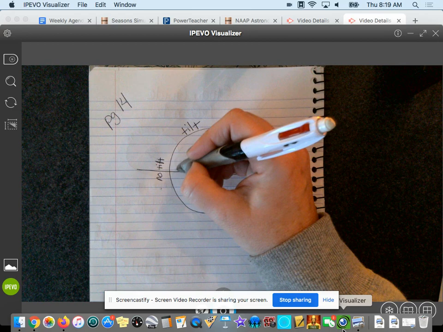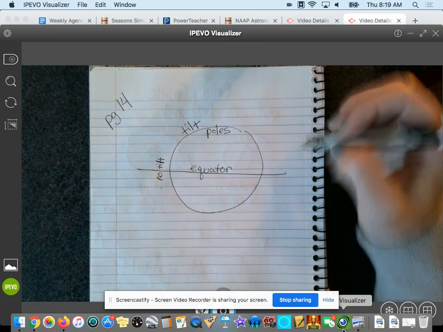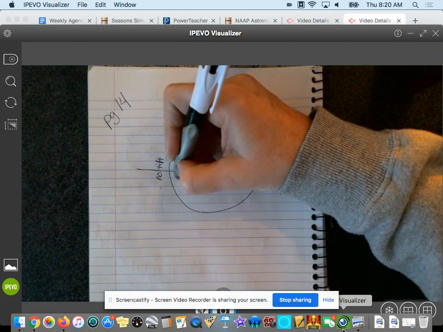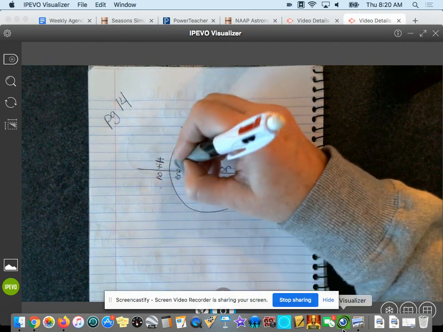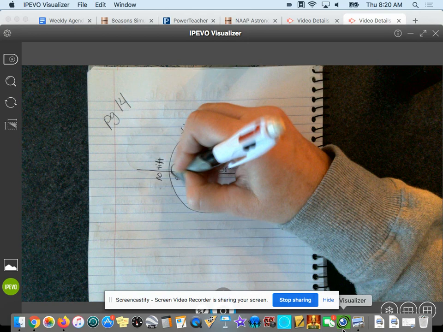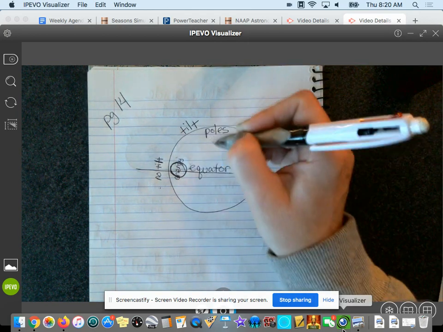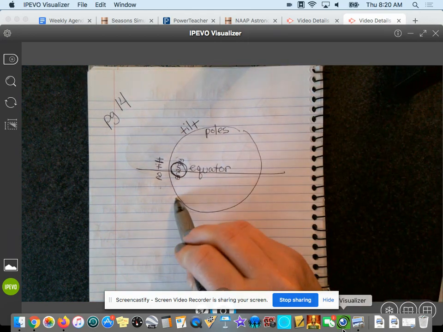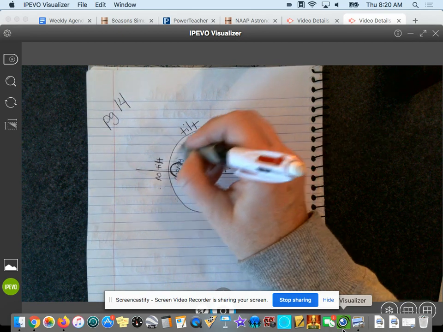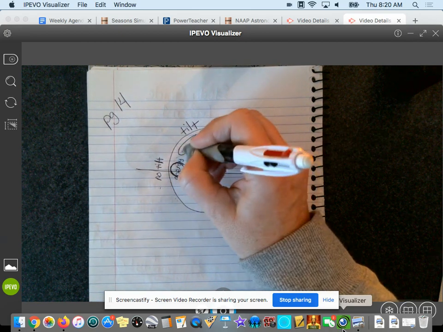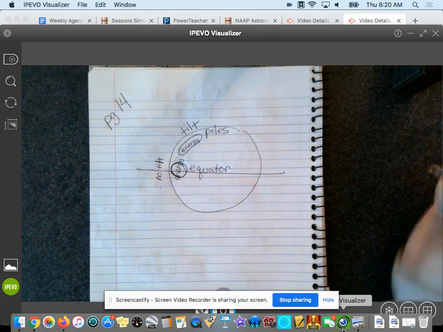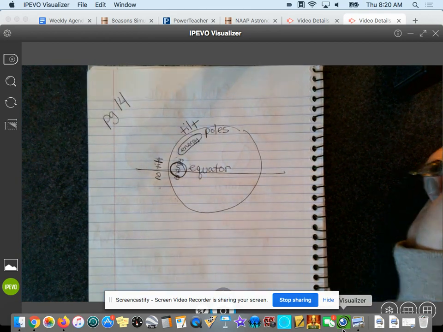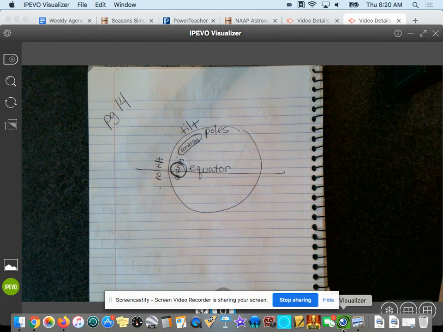So here's energy in a nice, neat circle. And when that same amount of energy gets spread out at the poles, because the curve of Earth is like the tilting of the index card.